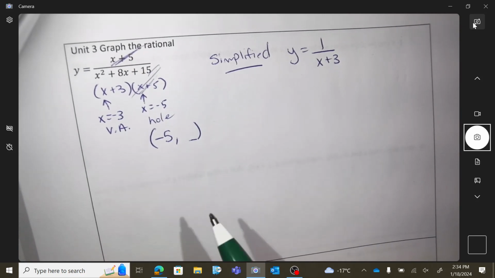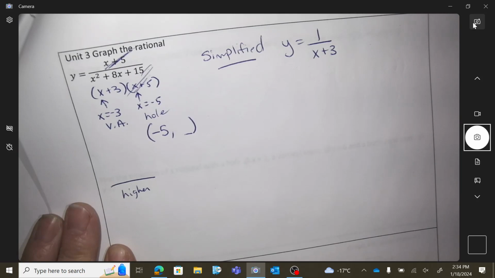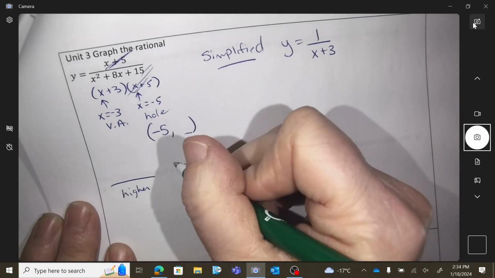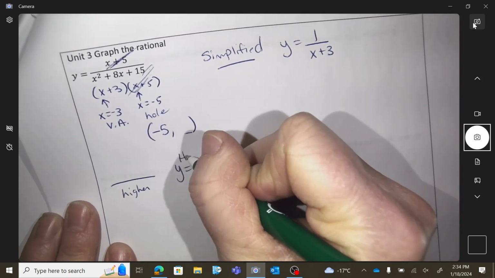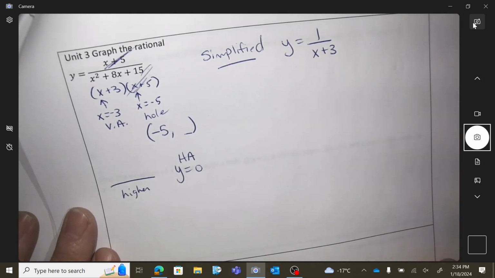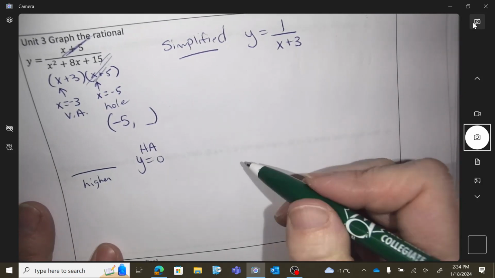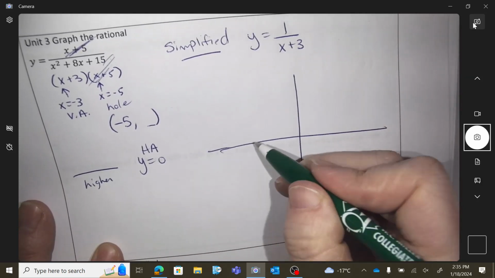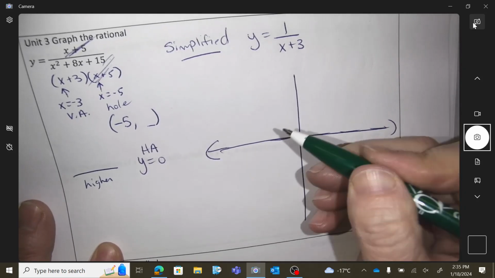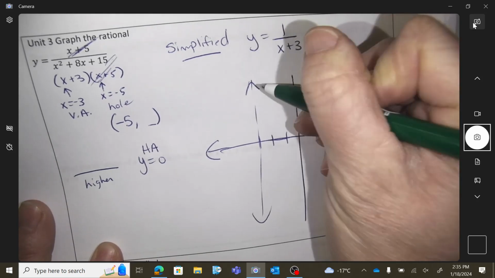More on the bottom? So what do you do if there's higher on the bottom? 0. Okay, so there's all your stuff. So 0, -3.